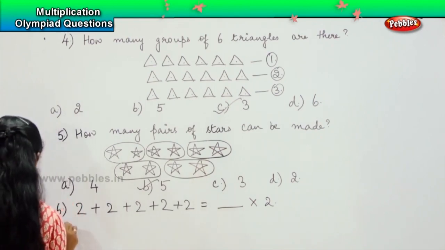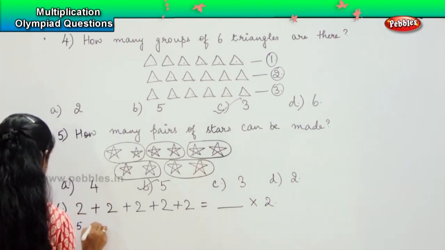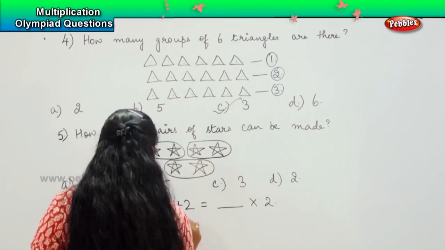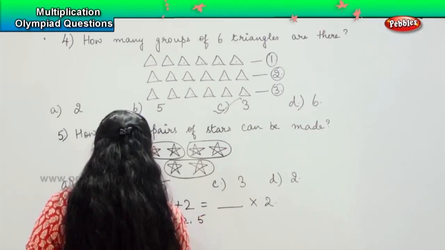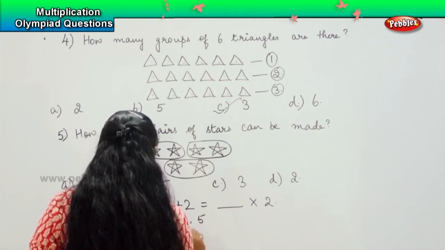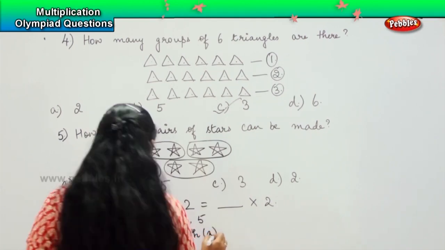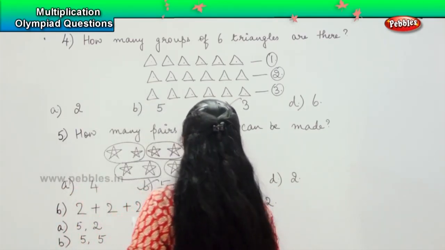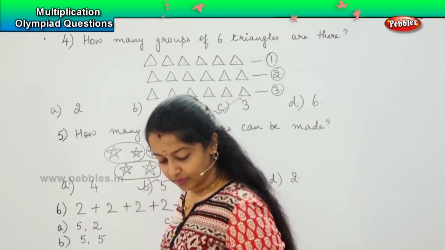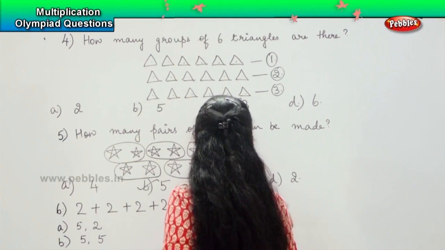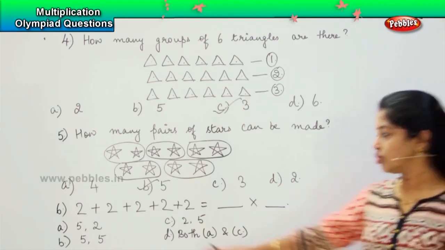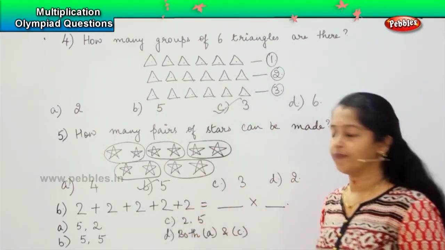Okay, and your answers are option A 5, 2, option B 5, 5, option C 2, 5, option D both A and C. Okay. So 2 plus 2 plus 2 plus 2 plus 2.